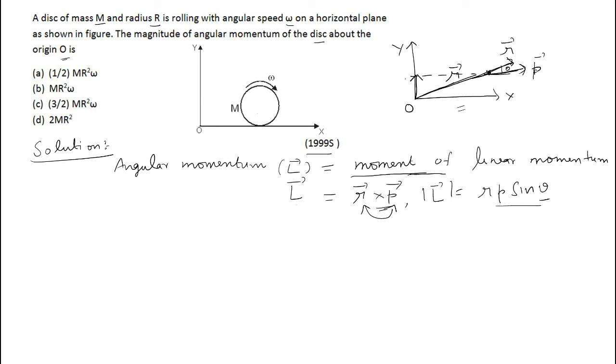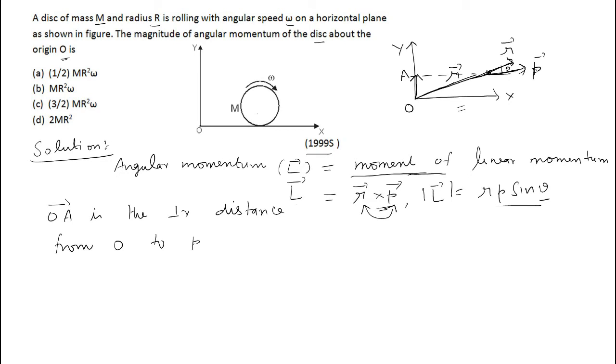Now what is this, say OA? OA is the perpendicular distance from O, origin, to P, the momentum vector.